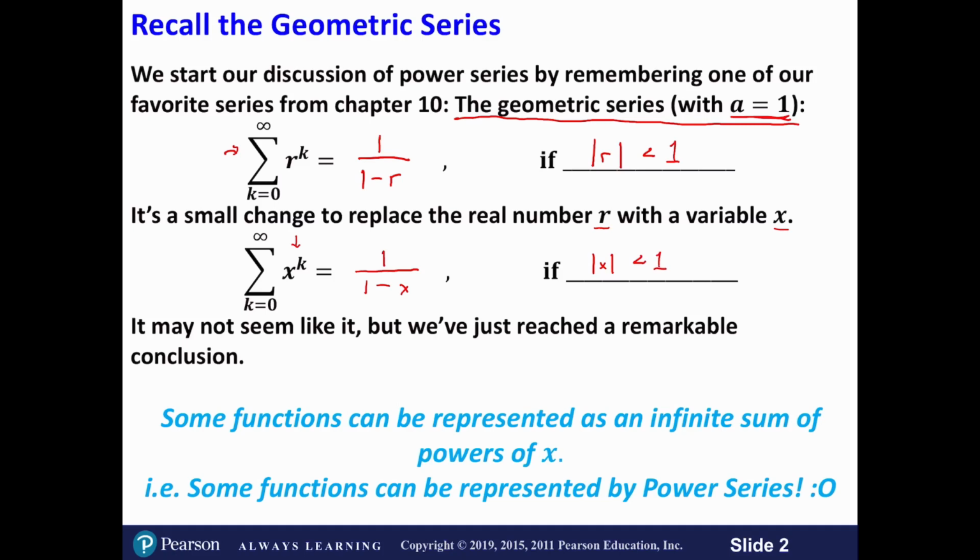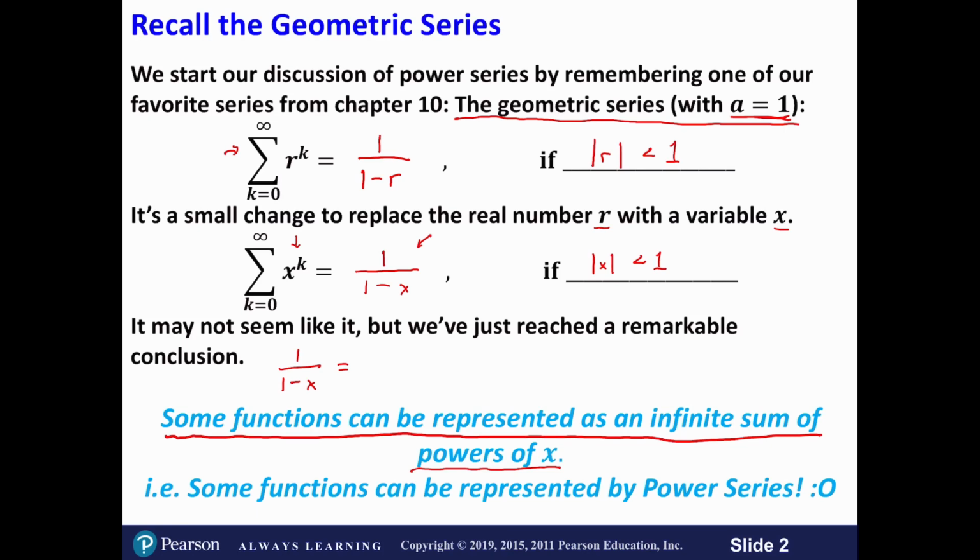So it may not seem like it, but we've actually just done something pretty remarkable. The idea here is that some functions can be represented as an infinite sum of powers of x. In particular, what we have essentially shown so far is that this function, 1 over 1 minus x, is equal to the sum from k equals 0 to infinity of x to the k.